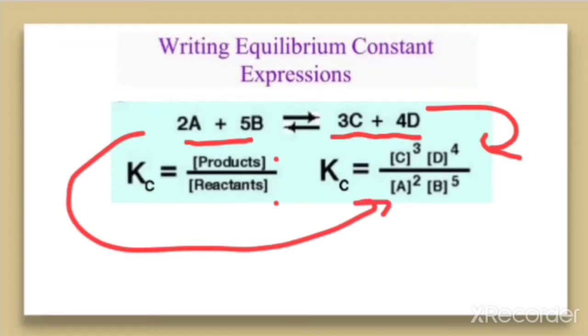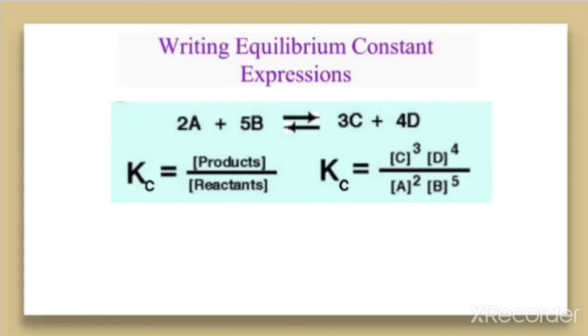Very important thing here, you need to keep the square brackets. It shows that this is actually concentration. So concentration of C to the power 3. Why is the power 3 here? Because 3 is the stoichiometric coefficient. Then concentration of D to the power 4, because 4 is the stoichiometric coefficient for D, divided by the concentration of A with power 2, then concentration of B to the power 5.